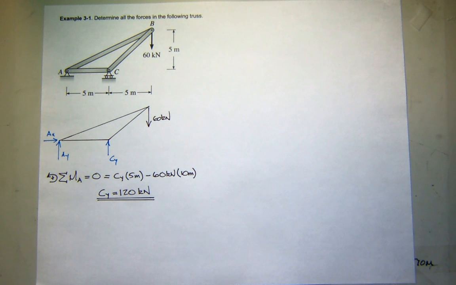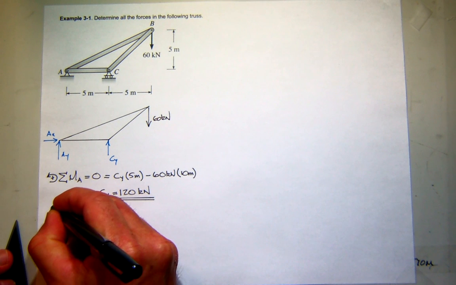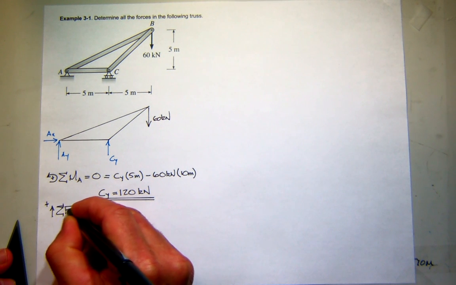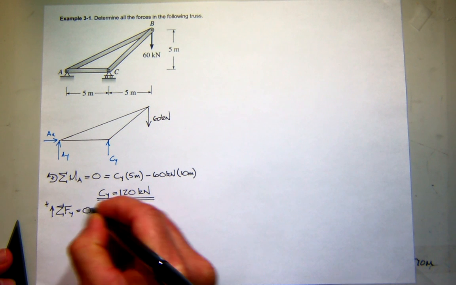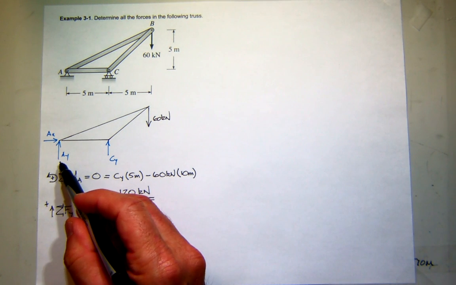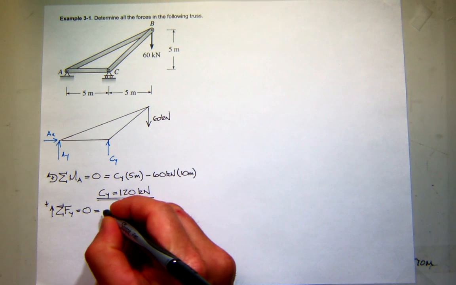So now I can sum forces in the y direction, so I'll assume up as positive. And I'm going to sum the forces in the y direction and make sure everything's in equilibrium. So I've got AY up, CY up, and then 60 down.